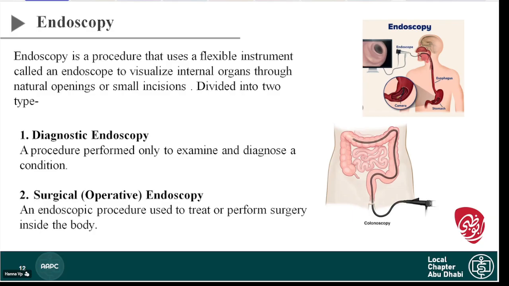Your doctor will use a wire with a connected camera and insert it through a natural opening of the body. Endoscopy is a procedure that uses a flexible instrument called an endoscope to visualize internal organs through a natural opening or small incision.